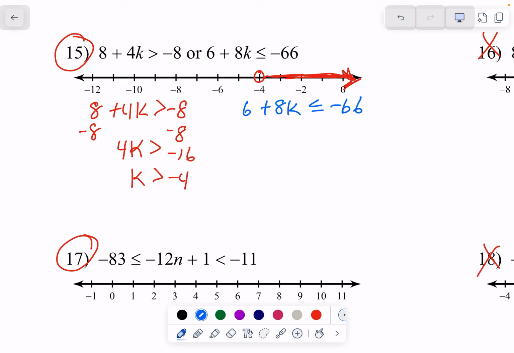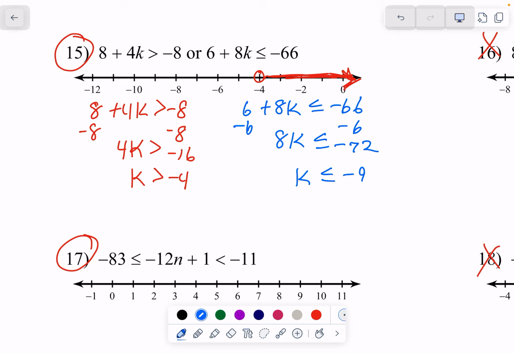Same thing for our second piece. We're just going to solve it. Let's subtract 6 from both sides. We get that 8k is less than or equal to negative 72. And then when you divide by 8, you get k is less than or equal to negative 9. So then you just plop that onto the page.